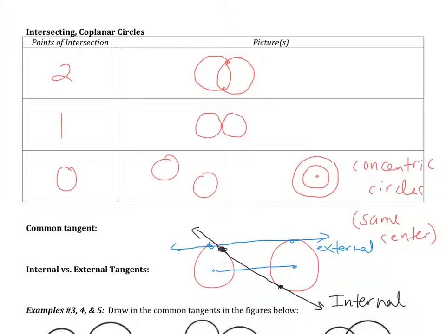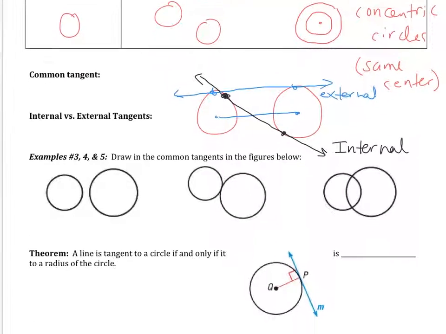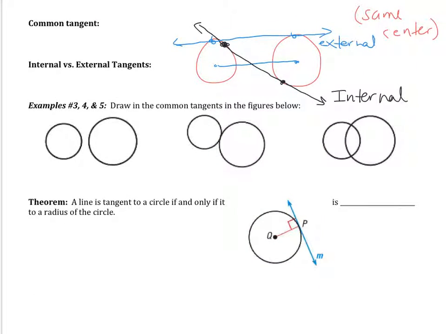All right, so the idea on examples 3, 4, and 5 is to see if you can draw an internal and an external tangent for each one of those figures. It may not be possible to draw both, just FYI. Good.